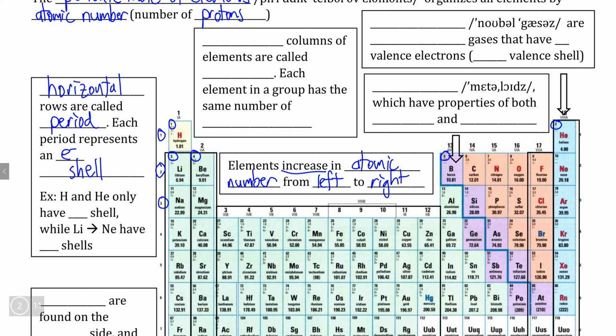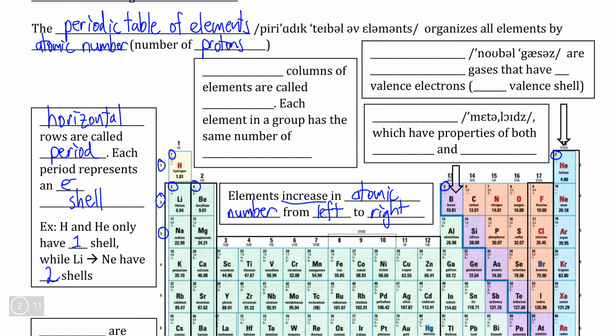So, for example, hydrogen and helium only have one electron shell, whereas the elements from lithium all the way to neon have the first electron shell that hydrogen and helium have, plus a second shell on top of that, and so on.